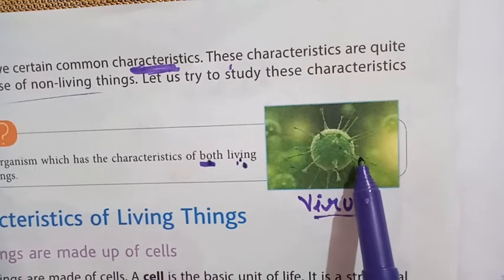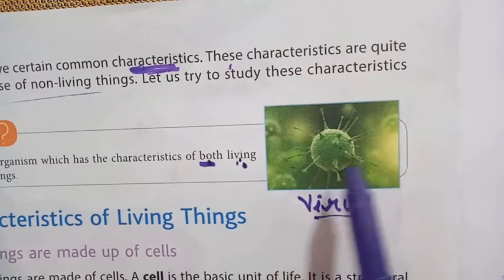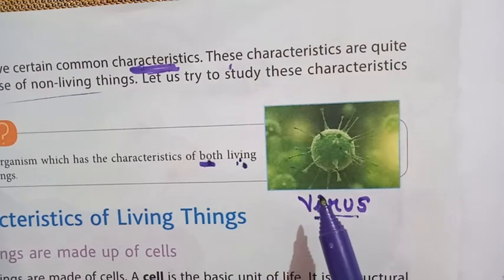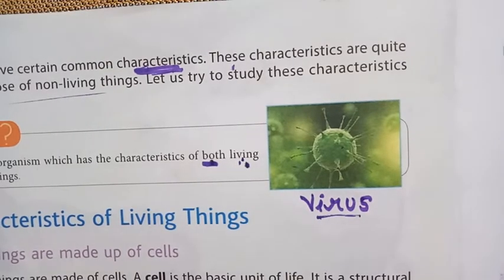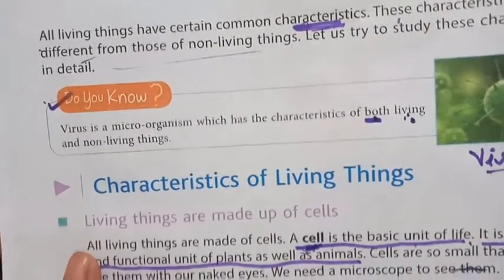But when they enter or attach to living things, they show the characteristics of living things, multiplying and increasing in numbers. Is it clear about the virus? A virus is a microorganism.